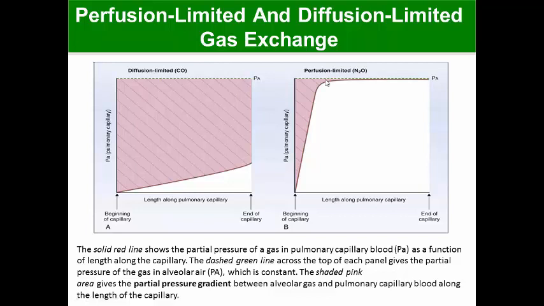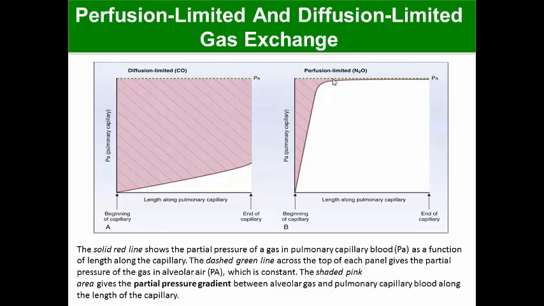So now the partial pressure of that gas in the alveoli is equal to the partial pressure of the gas in the blood in the pulmonary capillaries. And this is reached at a particular length along the pulmonary capillary. So at this length, there is no more pressure gradient for that gas, because the gas gets equilibrated between the alveolar air and the blood in the pulmonary capillaries.